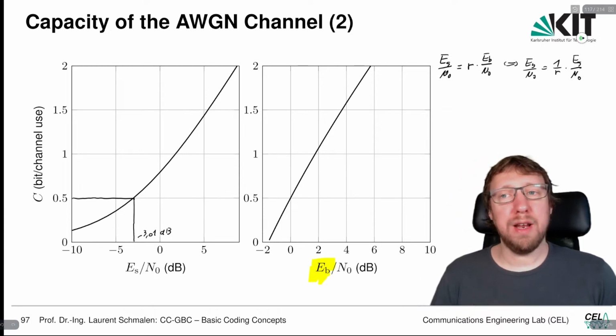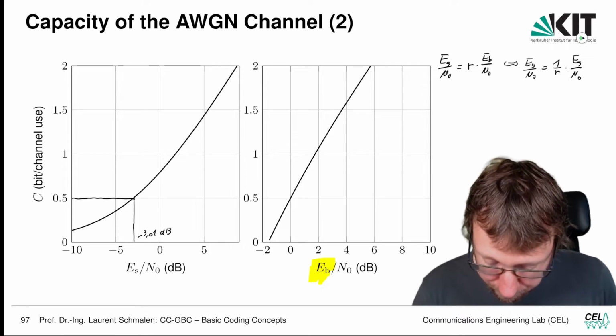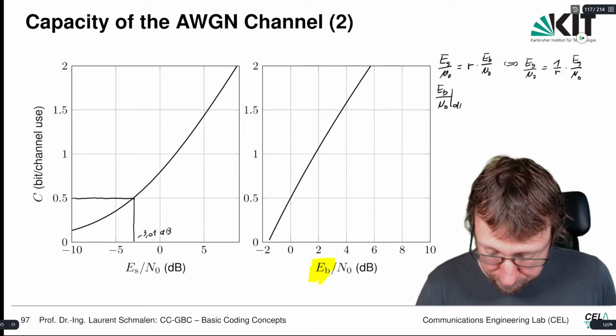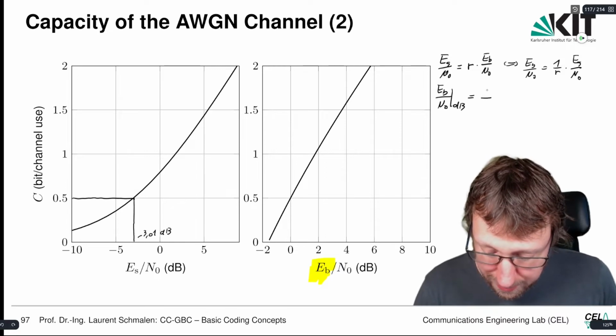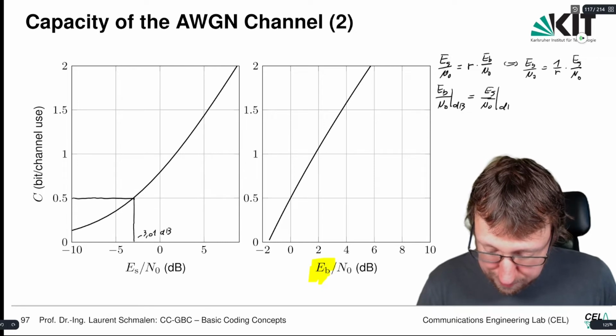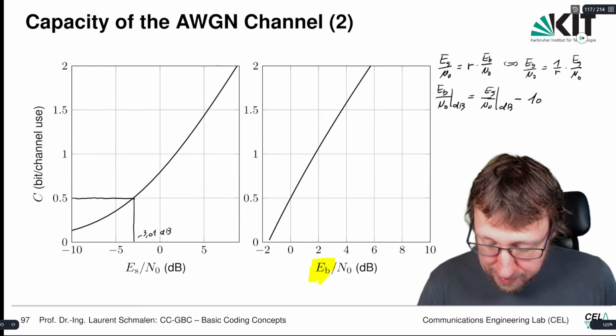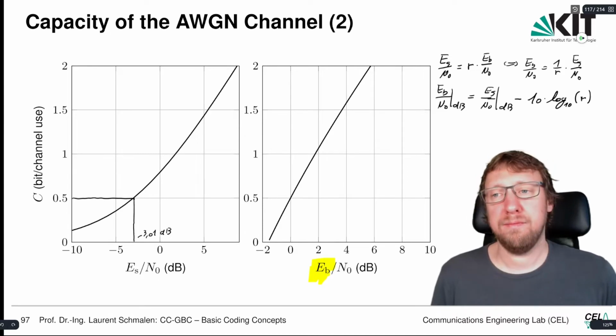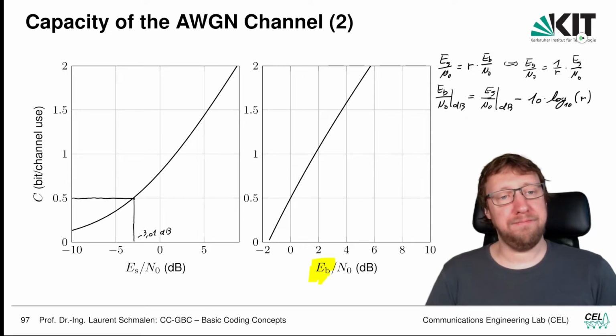And now we calculate in decibel. So EB over N0 in decibel is equal to ES over N0 in decibel minus 10 times log 10 of the rate. Now, what is the rate?